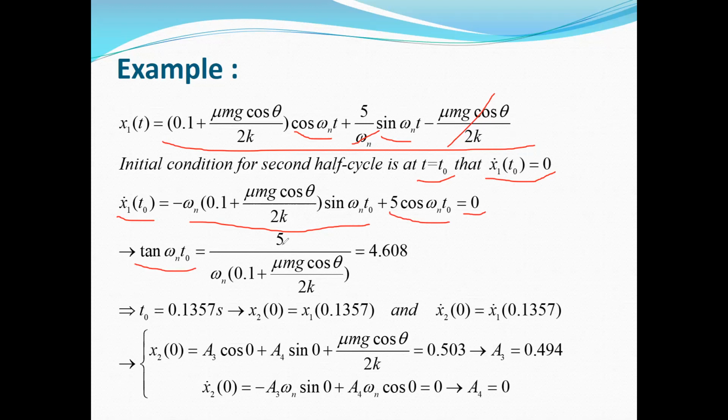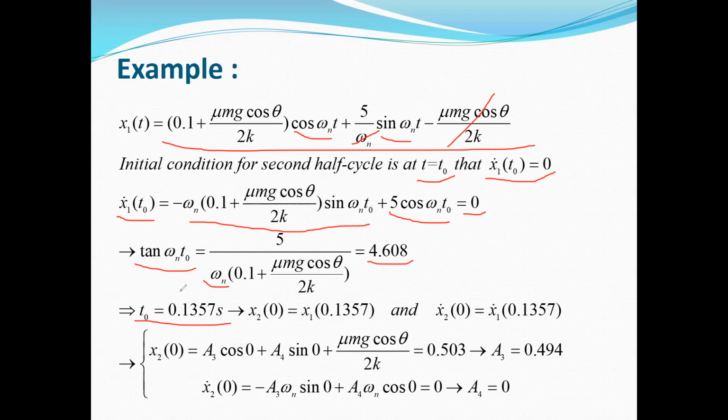We have all of this information, and we also know omega n, which is equal to the square root of k divided by m. Of course, we have 2k here. So this is the tangent, and we can calculate t naught, or t sub 0, which is 0.1357 seconds. After this time, the mass m will start to go up.